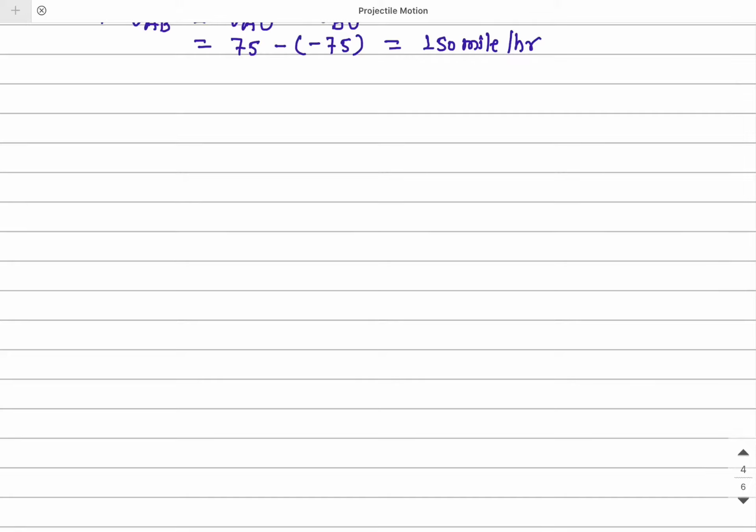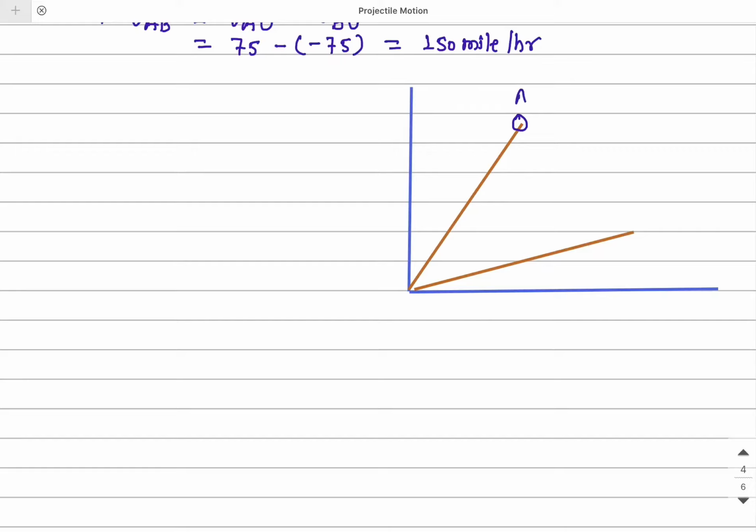Now let me give you a little bit more mathematical background here. Let's say you have two cars here. This is car A and this is car B. This is the x coordinate, this is the y coordinate, and this is the origin.